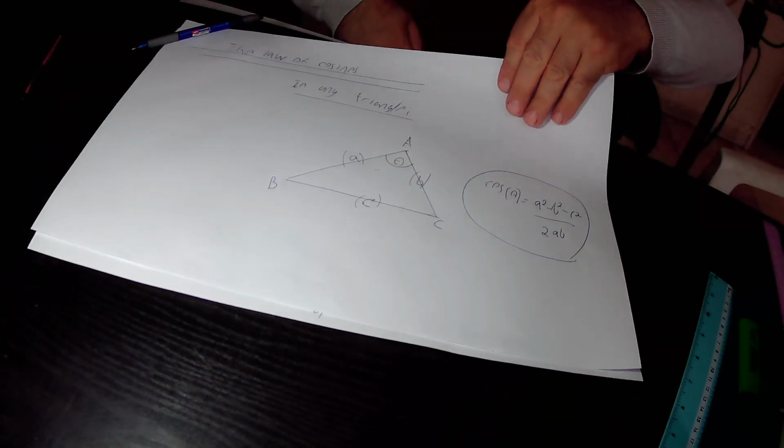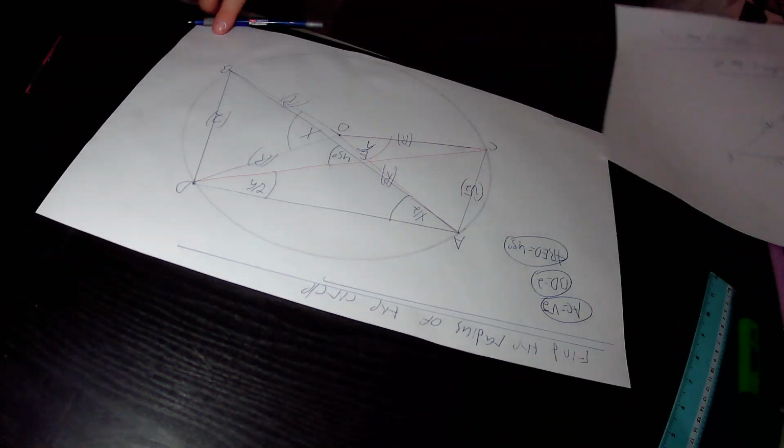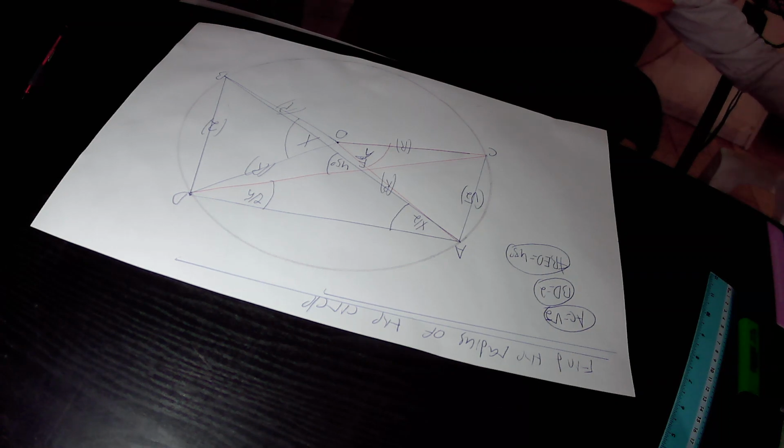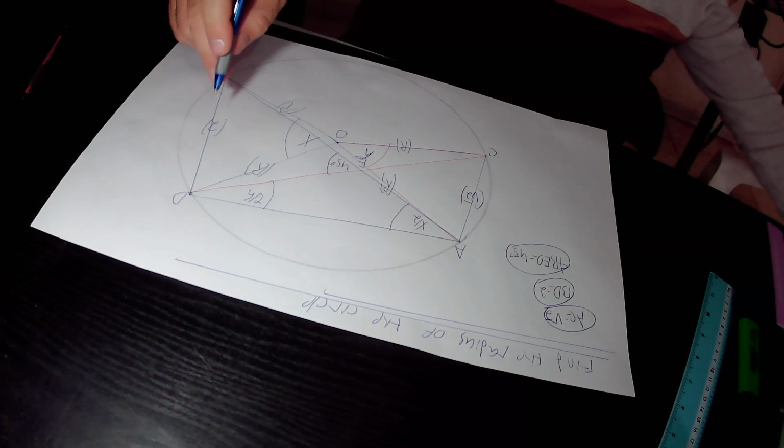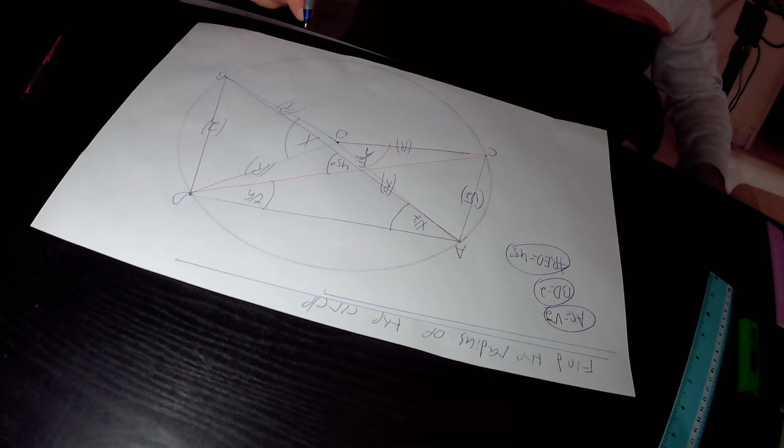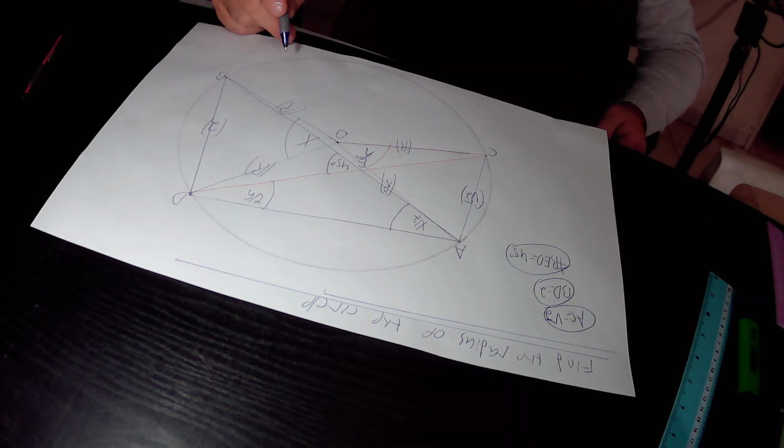In the next step, we'll copy triangle BOD. This is triangle BOD. And then we will implement the law of cosines in this triangle BOD.